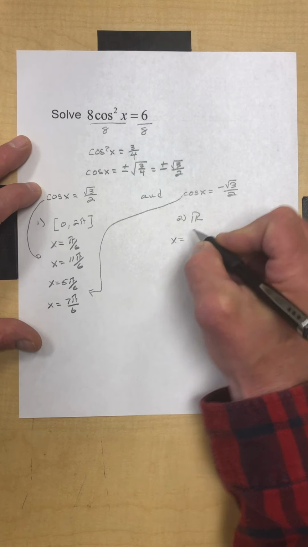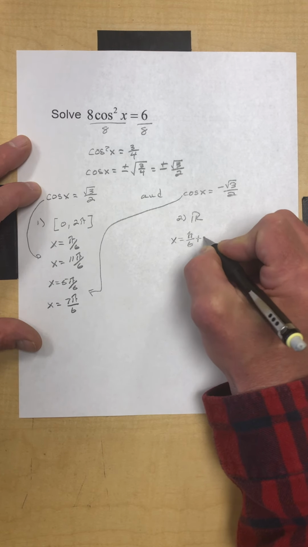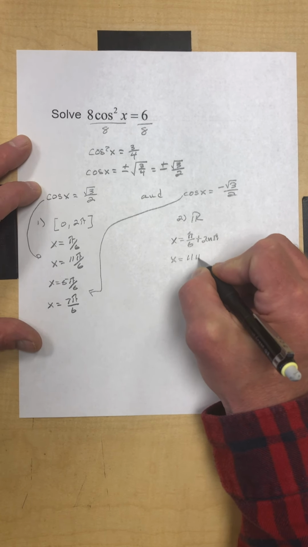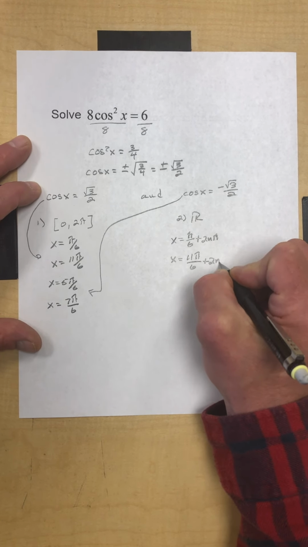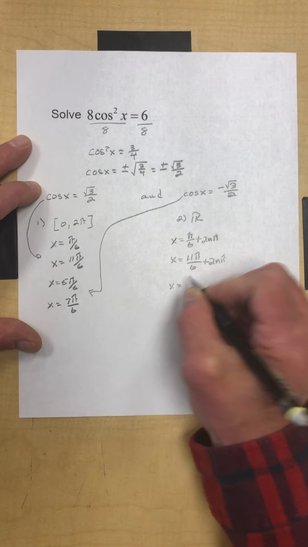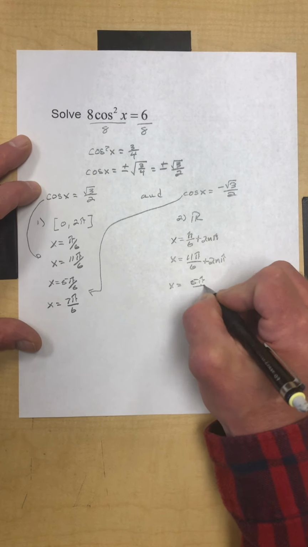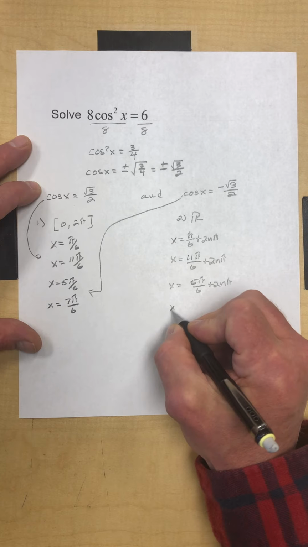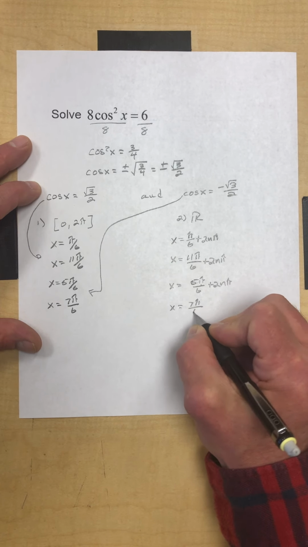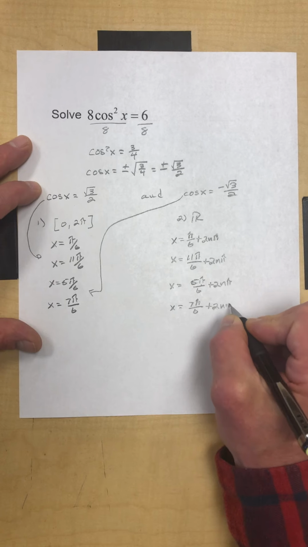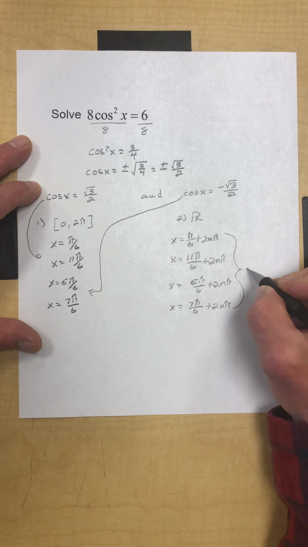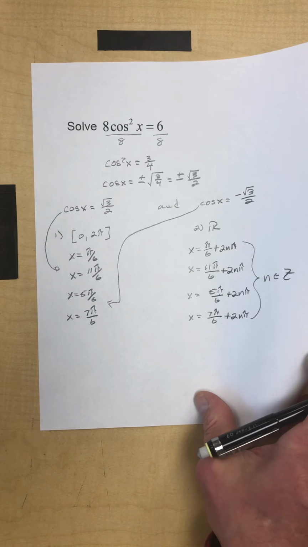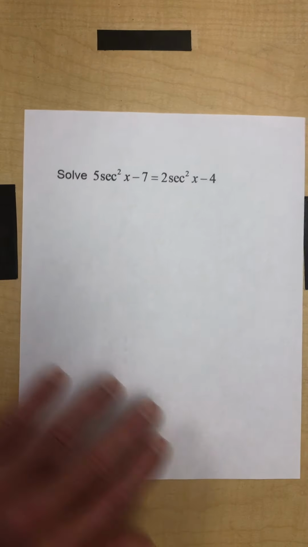We would get x equals pi over 6 plus 2n pi, x equals 11 pi over 6 plus 2n pi, x equals 5 pi over 6 plus 2n pi, and x equals 7 pi over 6 plus 2n pi, where obviously, once again, n is an integer. So those are real similar. All right, let's try one more here.